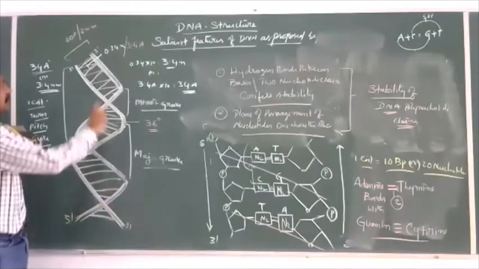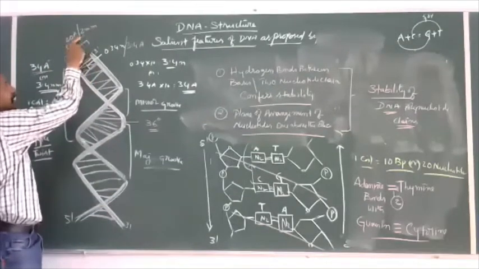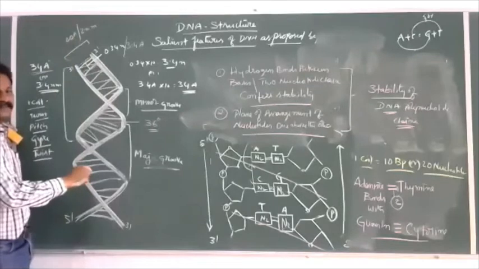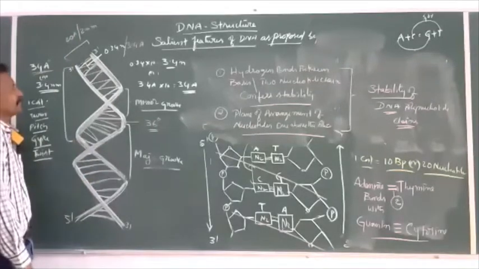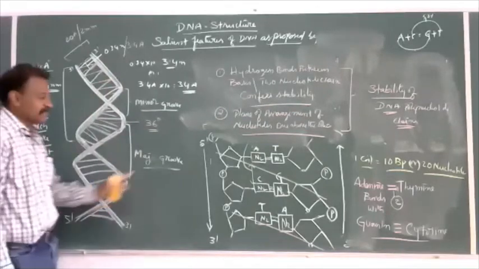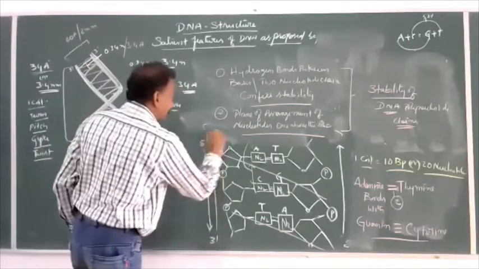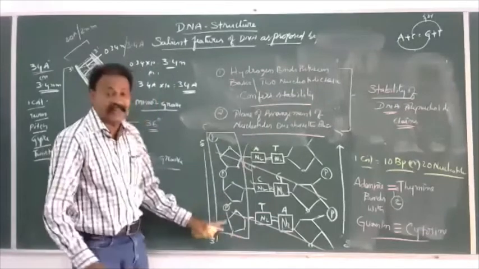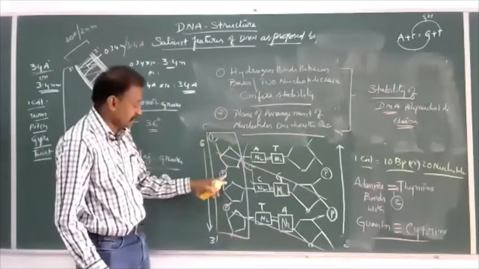So always the distance should be 20 angstroms or 2 nanometers between the two strands. The backbone of the polynucleotide chains is phosphate and sugar, alternating molecules: phosphate, sugar, phosphate, sugar.